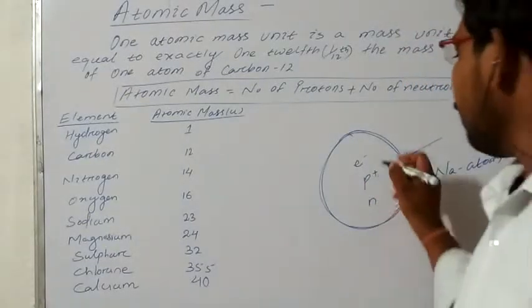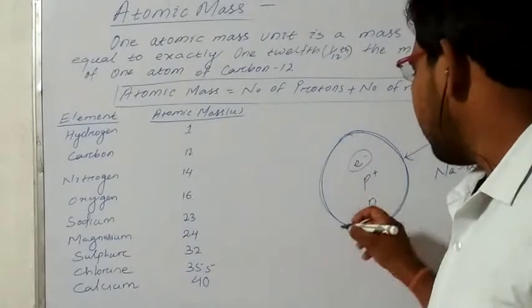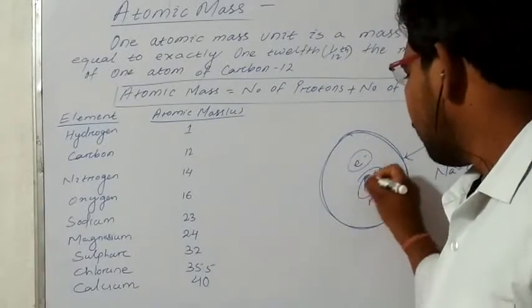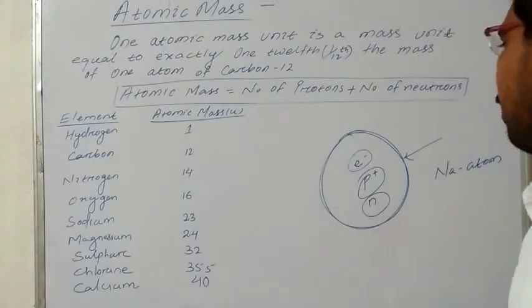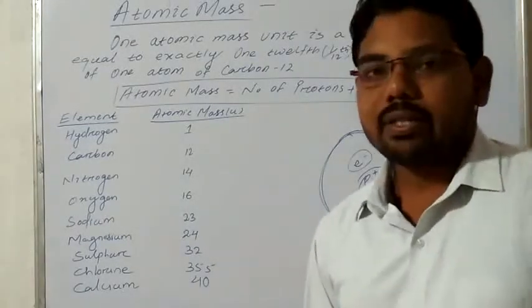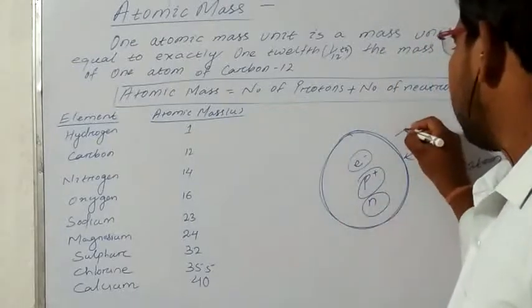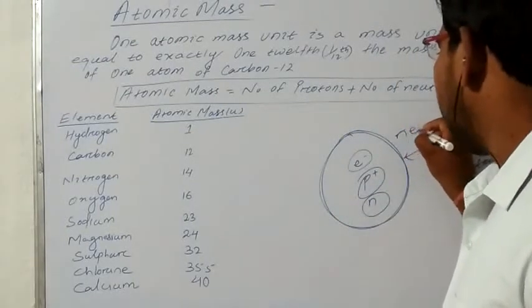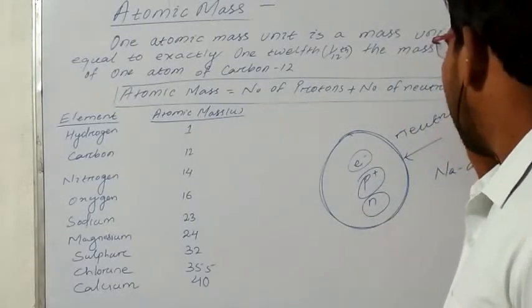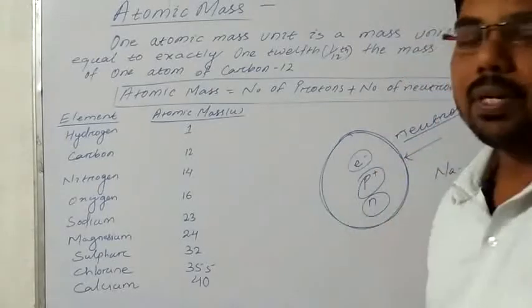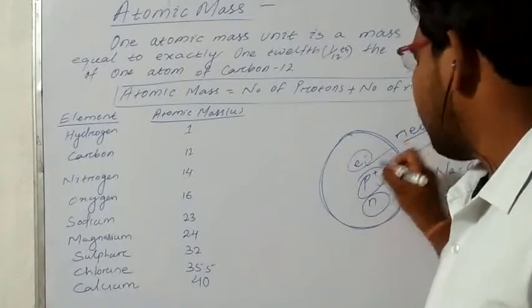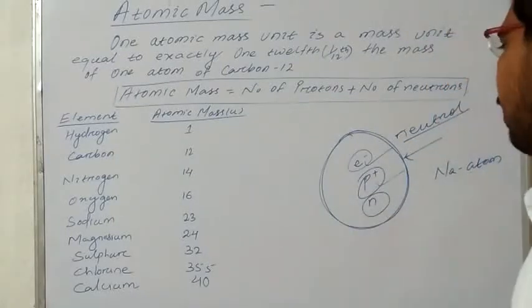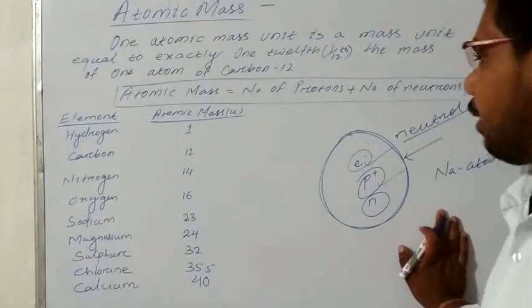Electrons have negative charge, protons have positive charge, and neutrons are neutral. We know that the atom is wholly neutral. Why is the atom wholly neutral? Because inside the atom, the same number of positive charges and negative charges are present. That's why the atom is wholly neutral.